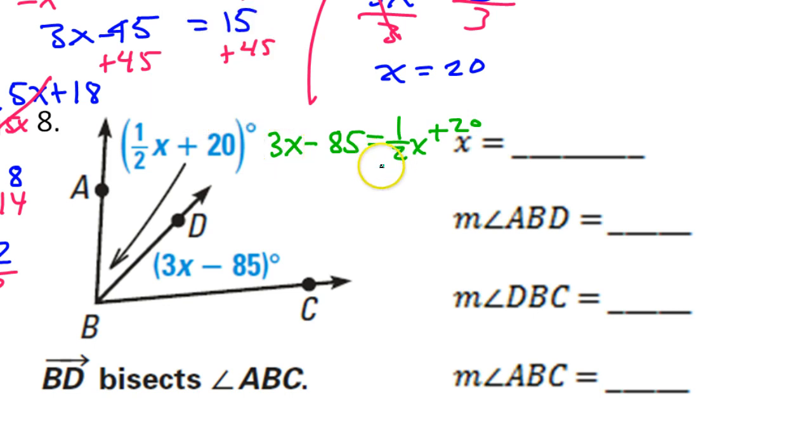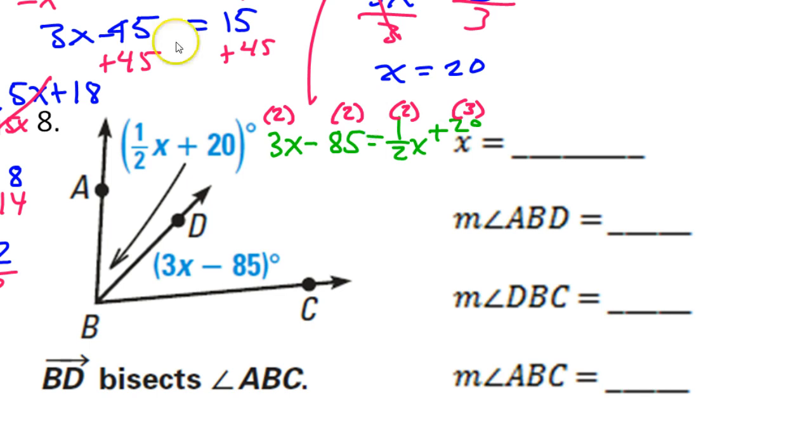Now this fraction is going to sort of bother me. So one thing I like to do is multiply everything by the denominator, and that will get rid of the fraction. So when I say multiply by the denominator of 2, please understand that I'm multiplying all three terms by 2. All three.